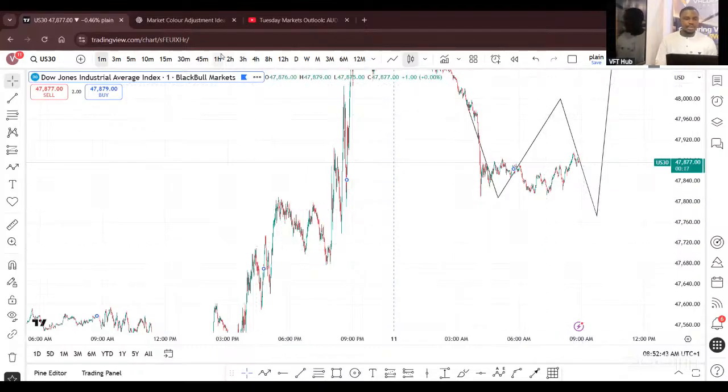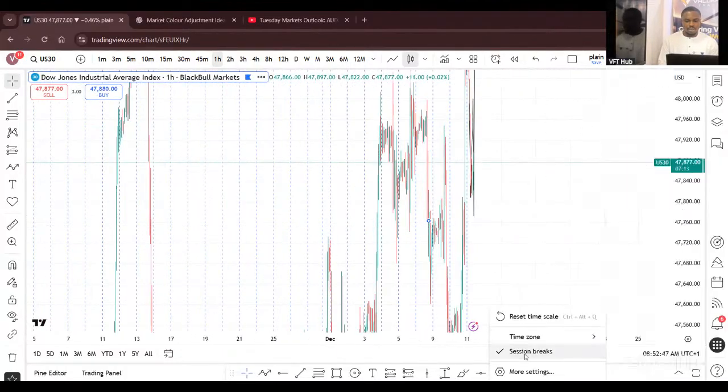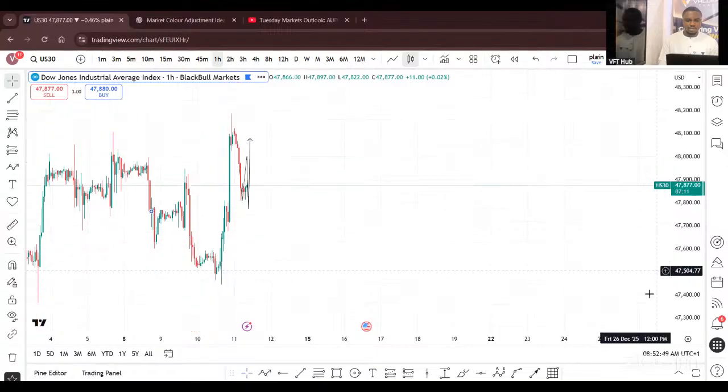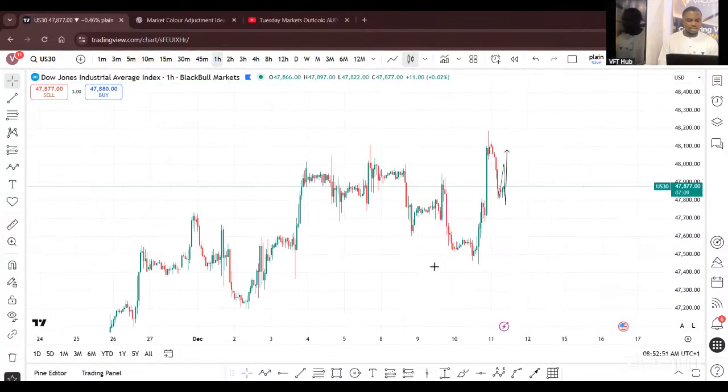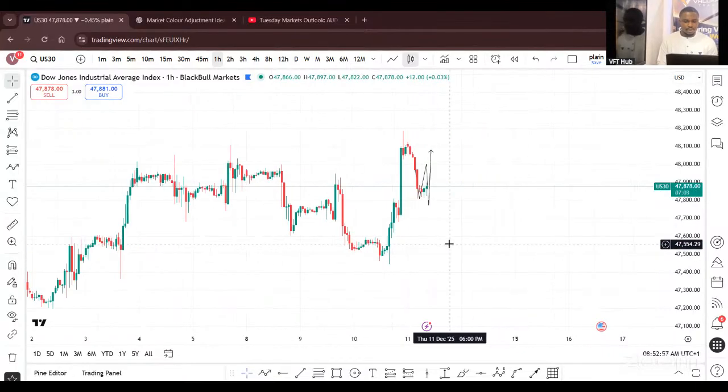But it's very evident in the market that we are bullish. Everything is pointing to that. You can see the structure change, which is quite good. So there's no point looking out for sells again, except if we see a change of structure, a shift.